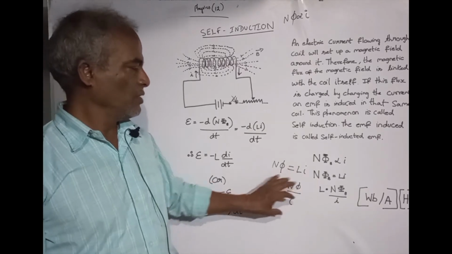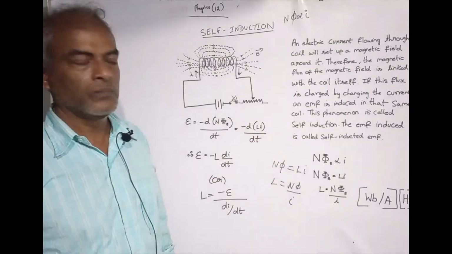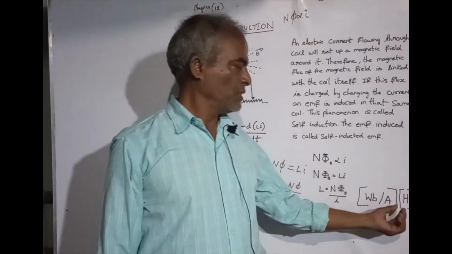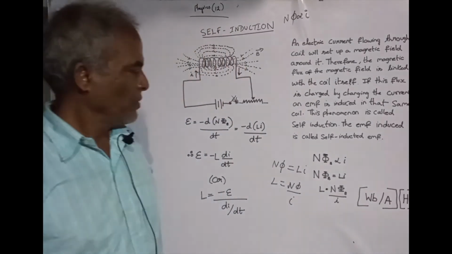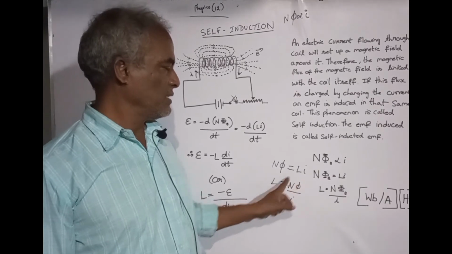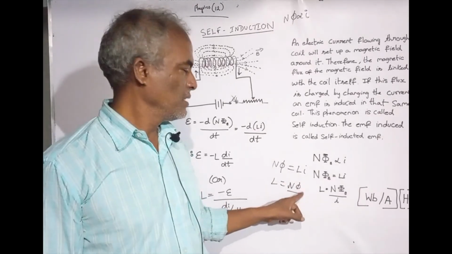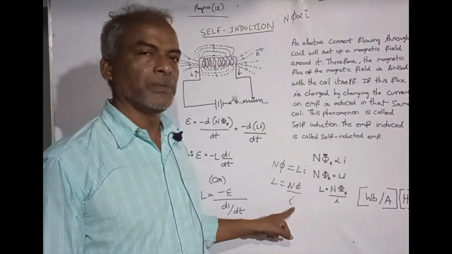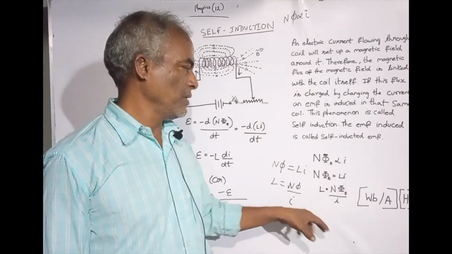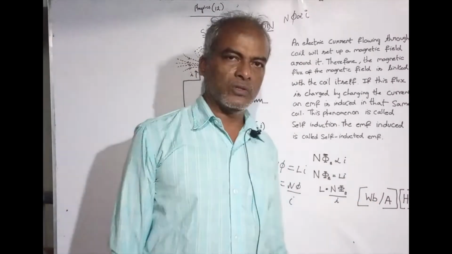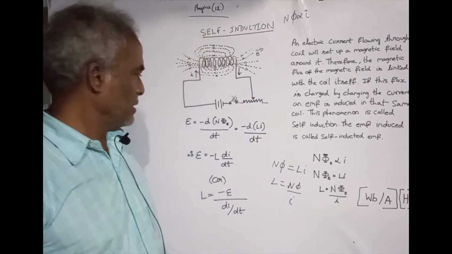Now we have to find the unit for L. Generally inductance is specified in henries. But if you see carefully the right-hand side, the unit of flux phi is Webers, and the unit of current is ampere. So Webers per ampere is also the unit for self-inductance.